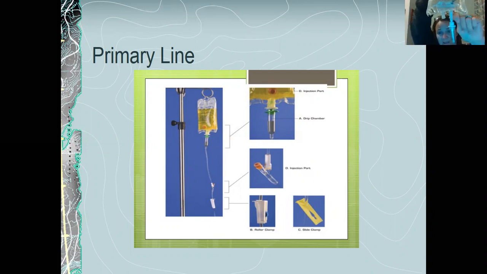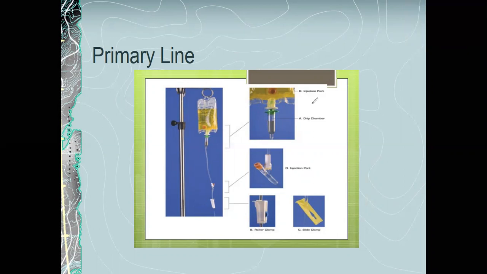One has a little tab you pull off to put your primary line into the drip chamber. The other is an injection port, where you could add medications to this bag with a needle if you needed to. Some bags you'll see have them on the side like this. We've got your drip chamber so that you can see the medication being dripped in, injection ports, and roller clamps. And then most of them also have these slide clamps.